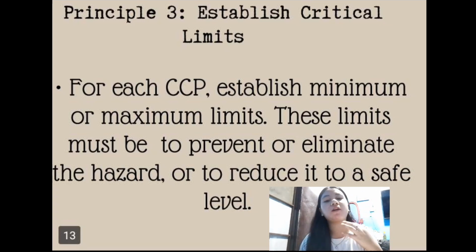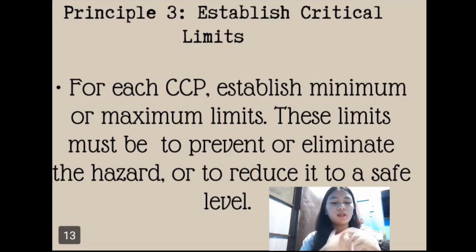A critical limit is a maximum and minimum value to which a biological, chemical, or physical parameter must be controlled at a CCP to prevent, eliminate, or reduce to an acceptable level the occurrence of a food safety hazard. This principle is used to distinguish between safe and unsafe operating conditions at a CCP.